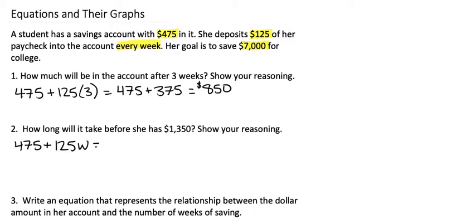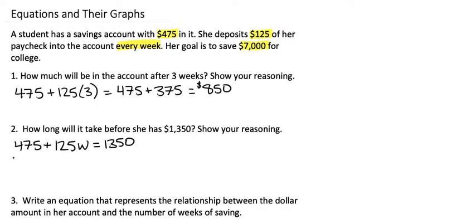Then I'm going to be solving for that variable. And what I want to know is how long it will take before this amount is equal to $1,350. So my equation is 475 plus 125w equals $1,350.